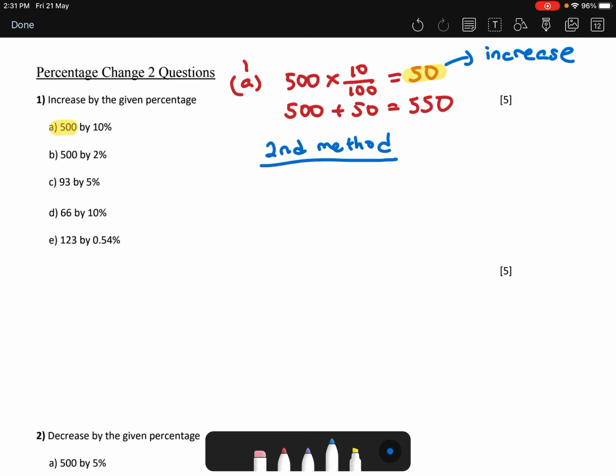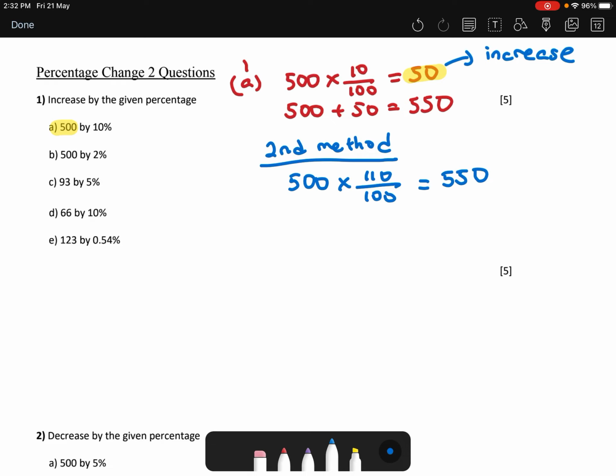So you can just simply use 500 times 110 over 100. You should get the same result, 550. For the second method, it's just a one-step process. For the first method, it's a two-step process. But nevertheless, see which one you understand the best, then you use that method.